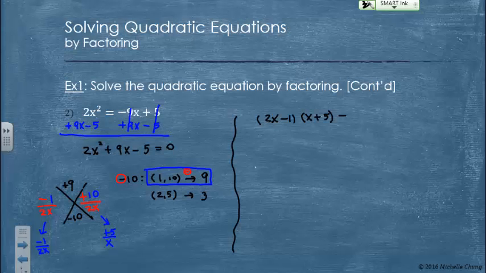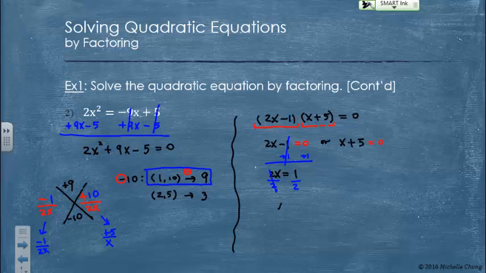So we can set this equal to 0. Now, because we are multiplying those two numbers and equal to 0, the first factor, 2x minus 1, could be 0, or the second factor, x plus 5, could be 0. So let's solve the linear. Add 1, 2x equals 1 and divided by 2.